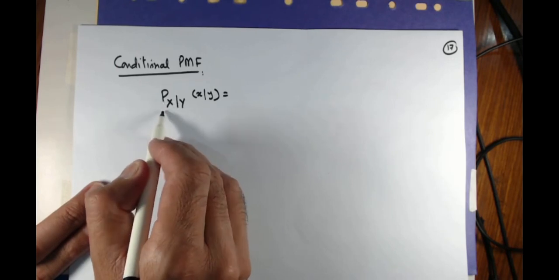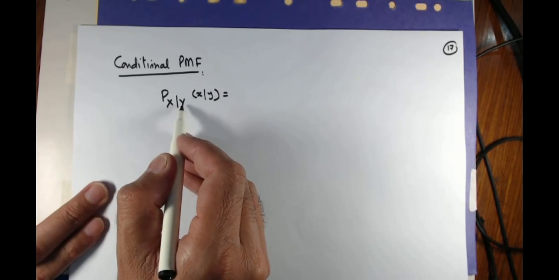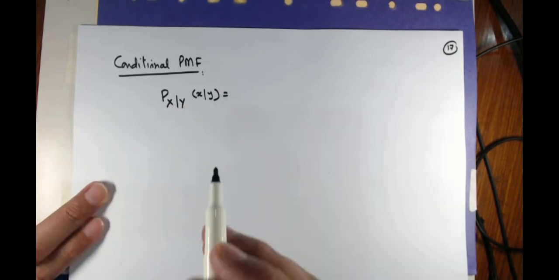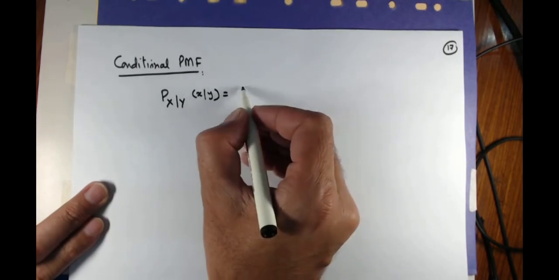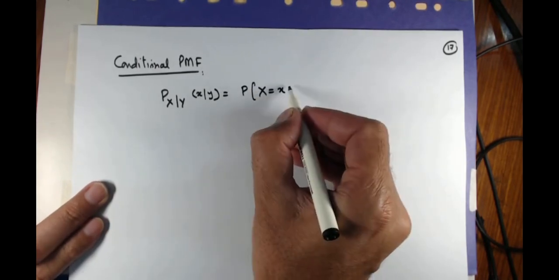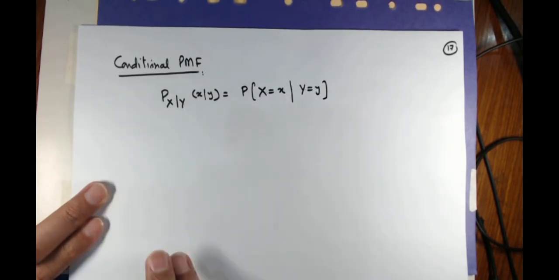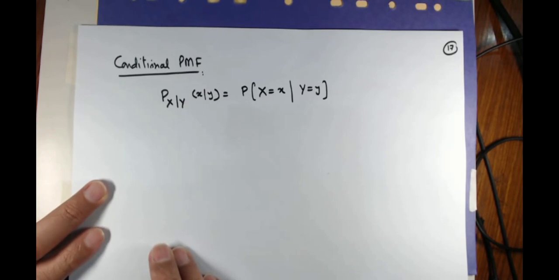This is the conditional PMF of X given another random variable Y, which means the probability that X assumes this value given Y assumes this value. How we can calculate this, we'll see later on.